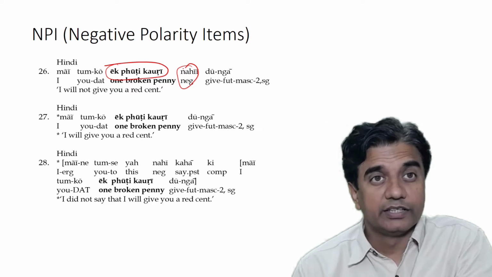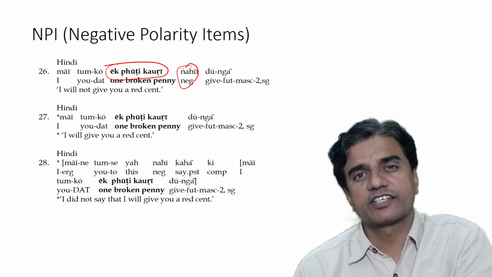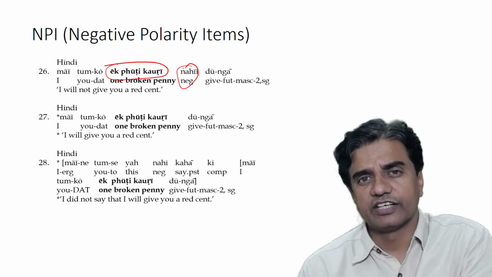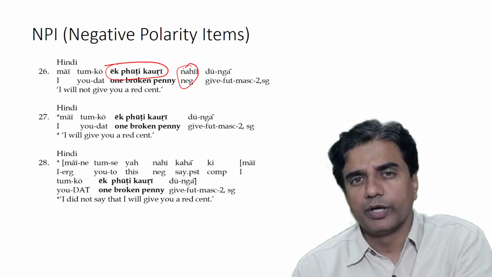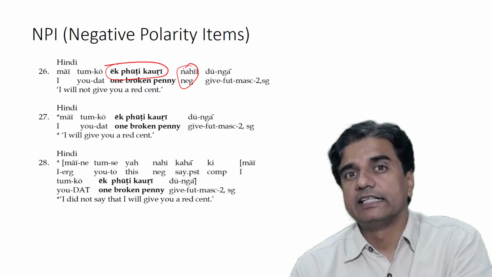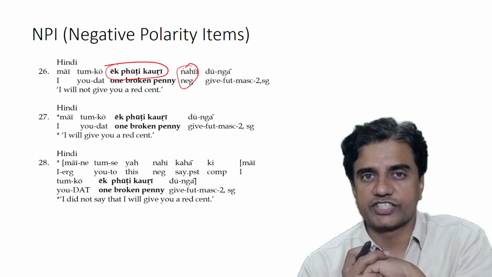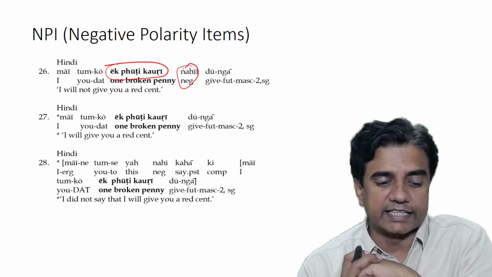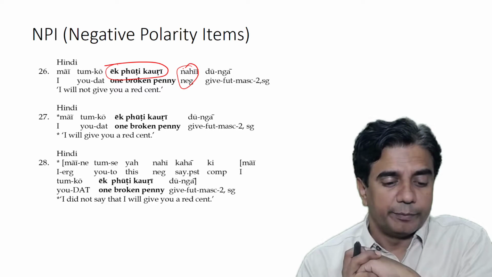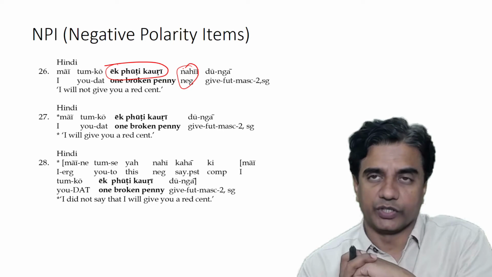The other restriction on the licensing of these strict types of negative polarity items is that the negation and the negative polarity item must both be part of the same clause. That is, there must not be another clause intervening between the two, as you see in example 28. What does 28 show us? मैंने तुमसे ये नहीं कहा कि मैं तुमको एक फूटी कौड़ी दूंगा.